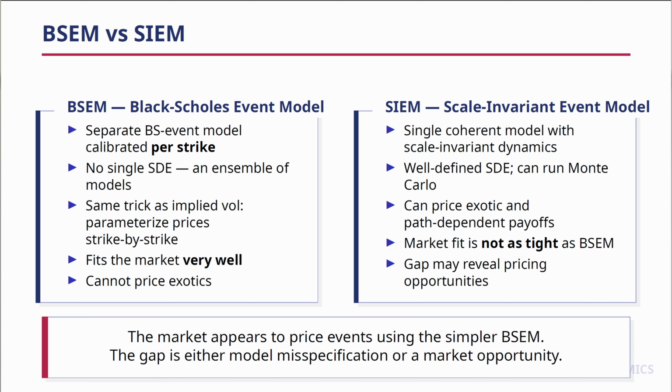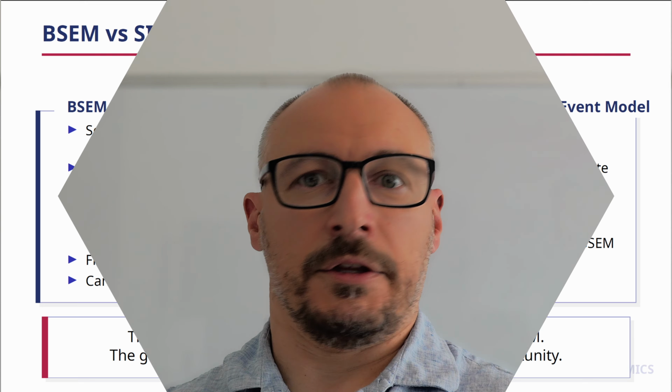So there is no one model here. There's an ensemble of different models that we calibrate for each individual strike. This is an engineering trick that allows us to parameterize prices as functions of strike. However, this is not a self-consistent model. You cannot write an SDE, you cannot write a Monte Carlo pricer under this model because there is no model. It's just an engineering trick to smooth prices across strikes.